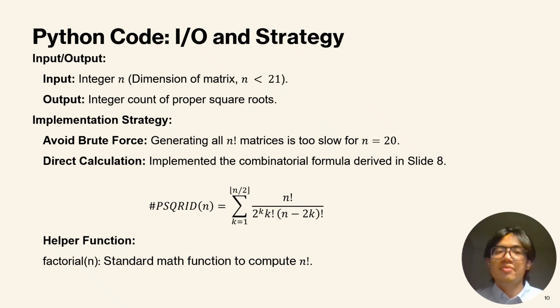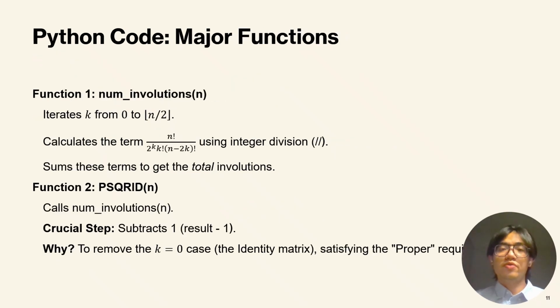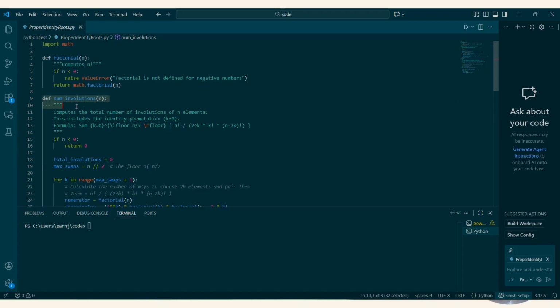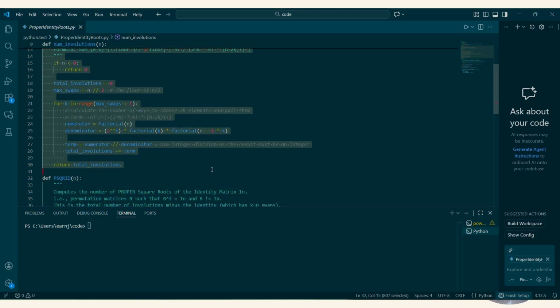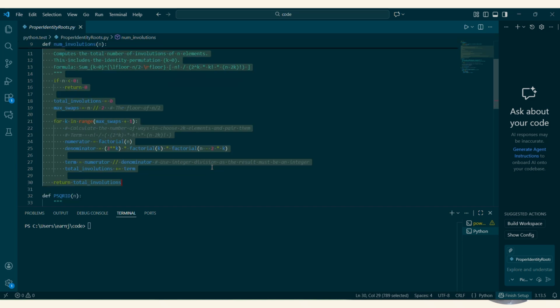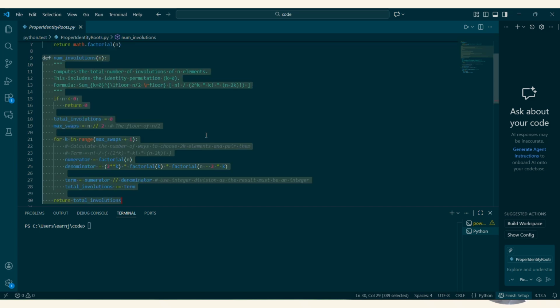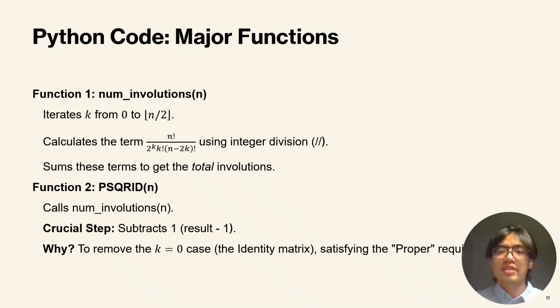Instead, I implemented the combinatorial formula derived in the previous slides. The code relies on two major functions. The first counts involutions. This iterates through all possible values of k, calculates the term and sums them up.